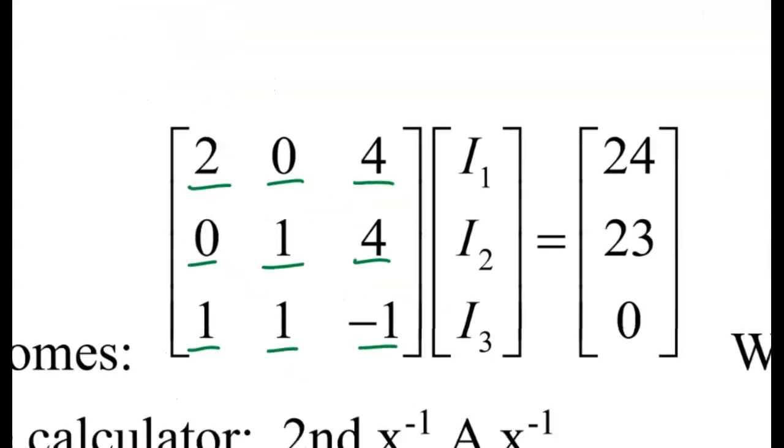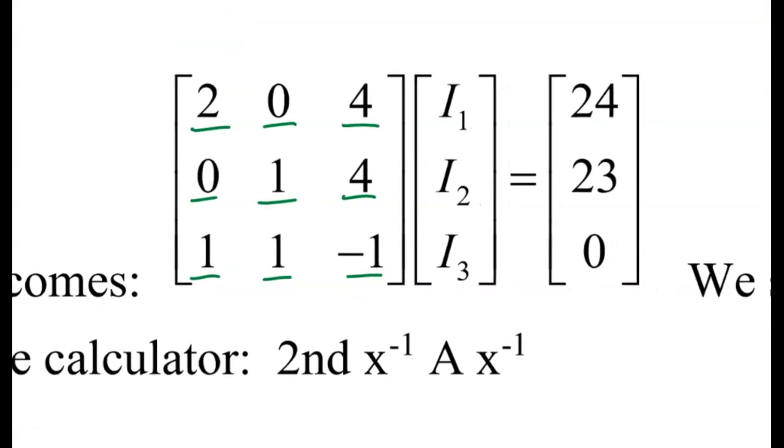And then I write down my variable matrix of I1, I2, I3. Now, if we remember back to last class, when we think about multiplying matrices, you're multiplying the rows of the first times the columns of the second.